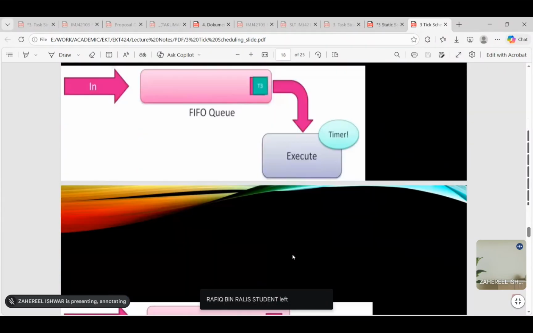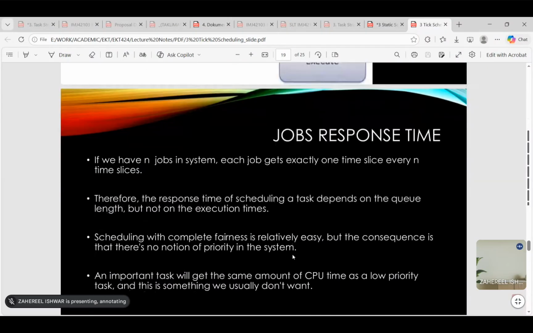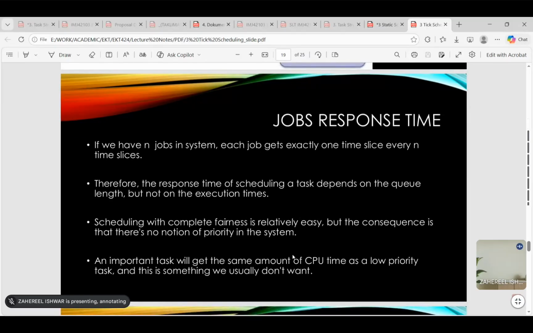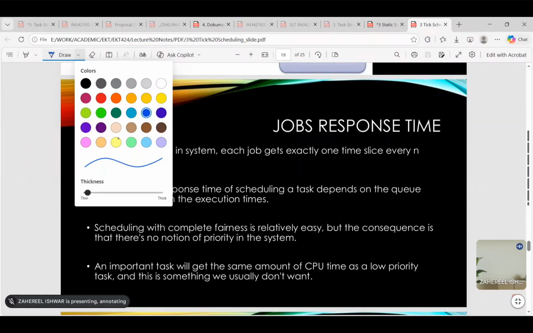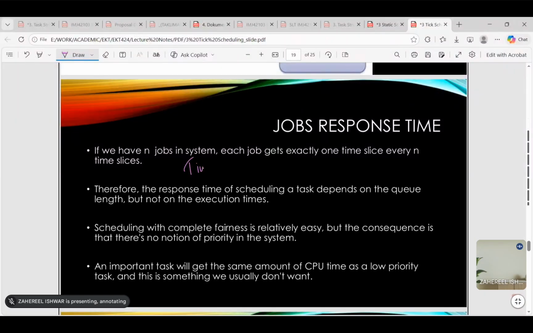From last semester. Basically, in round robin, it's like FIFO also, right? You can see this video explaining, but basically it's like FIFO where each job is given a time slice. I know you guys are familiar with this. Your final exam question last semester also talked about round robin, right? So a time slice, we call it time quantum.